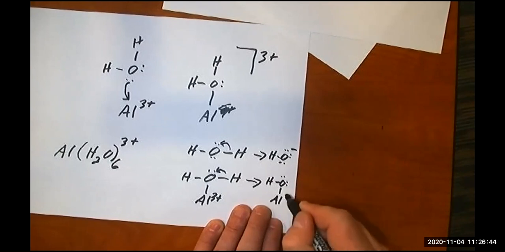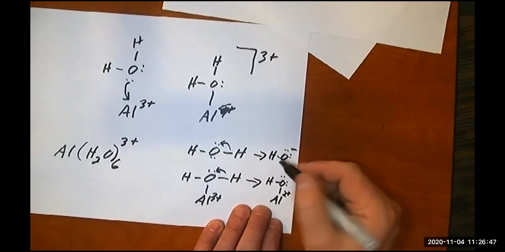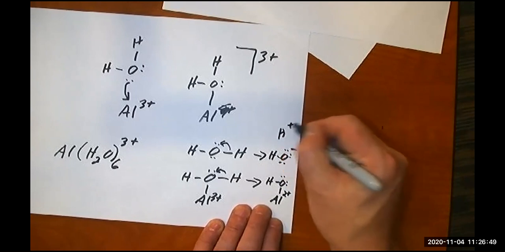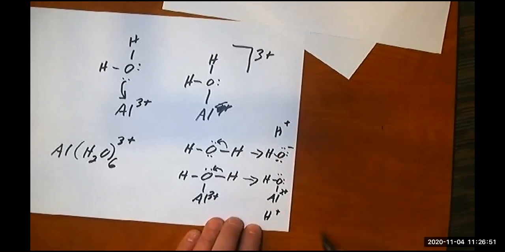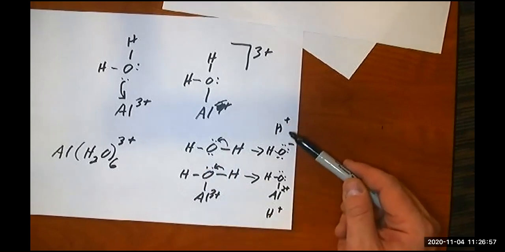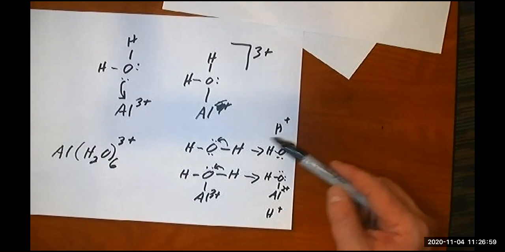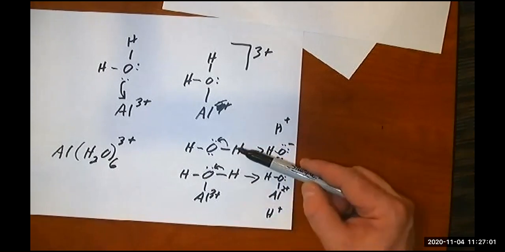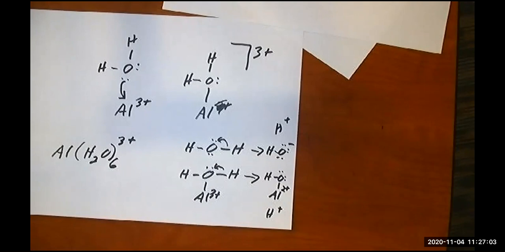This is going to have a 2+ on the whole thing. And they'll each have the H+ that has come off and then probably attached to something else. This is the process that's going on when each of these two species that we're comparing acts as a Bronsted-Lowry acid.